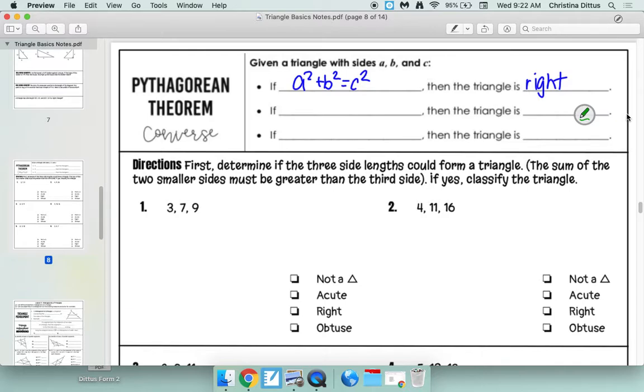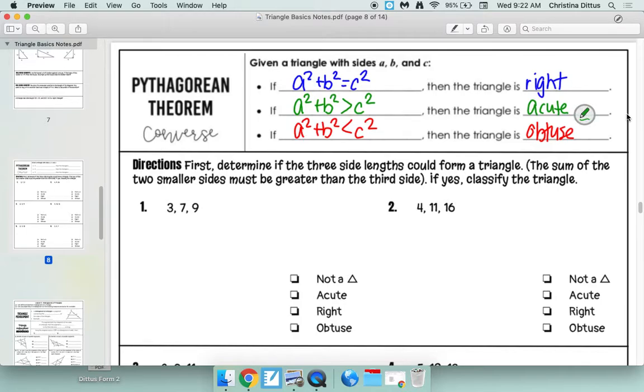If a squared plus b squared is bigger than c squared, it's an acute triangle. And if a squared plus b squared is less than c squared, it's obtuse. Here's how I like to think about it. Starting down here, if 1 is bigger than 2, it's obtuse. Kind of like if one person is bigger than 2 people combined, they're obtuse.